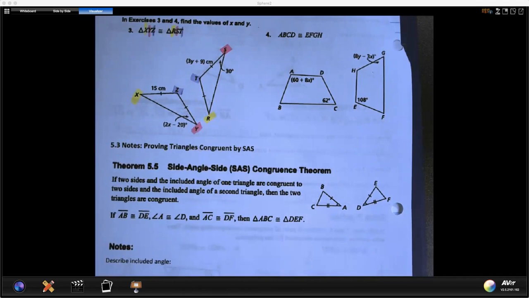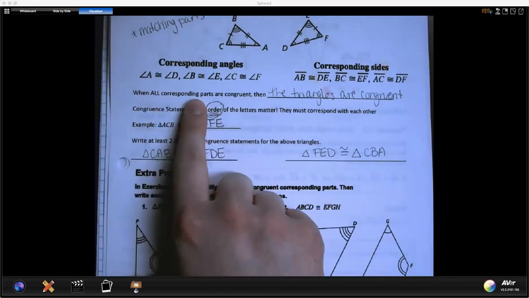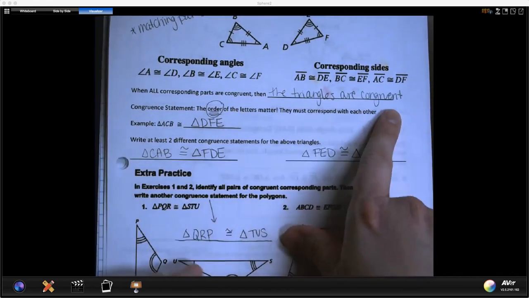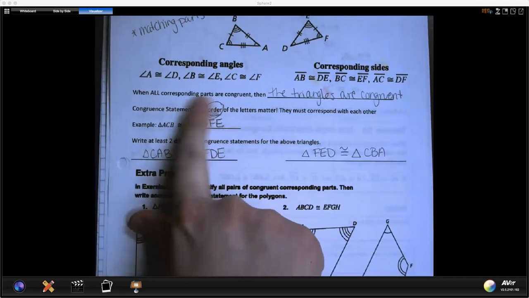We know all the angles are congruent and all the sides are congruent. That's really just an application of this statement right here: when all corresponding parts are congruent, the triangles are congruent. So if the triangles are congruent, that means all corresponding parts are congruent.